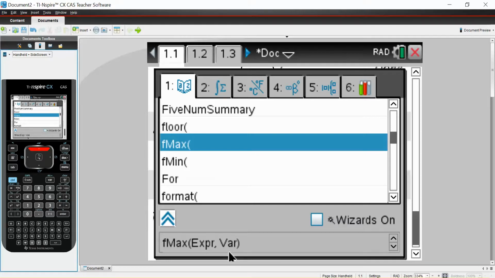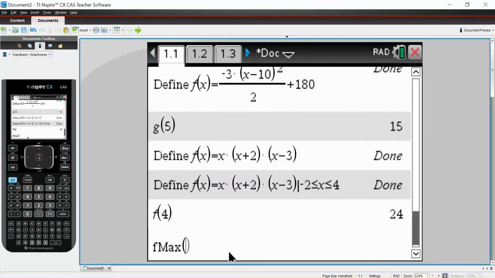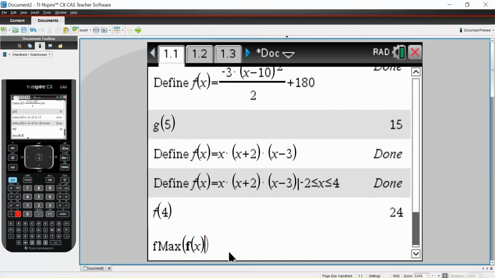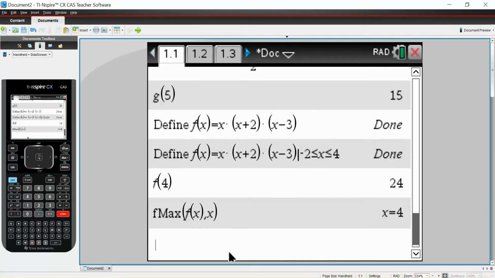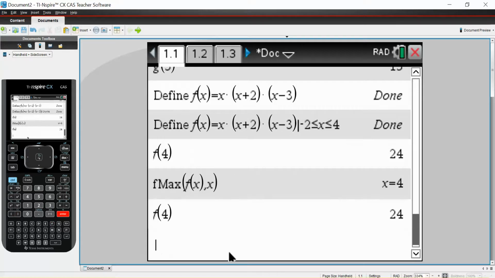So if you go to fMax and you type in f(x) and you type x as your variable, it tells you at x equals 4. So that's when it occurs. That's when you know f(4) will give you 24. That's another way of doing it. Instead of looking at the graph, you can do it that way too. It will tell you the x coordinate, and then you do f(4), right?